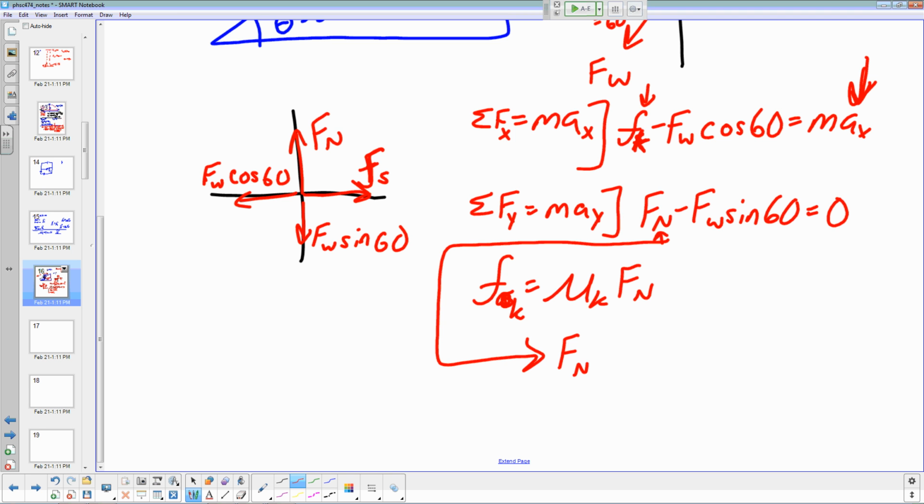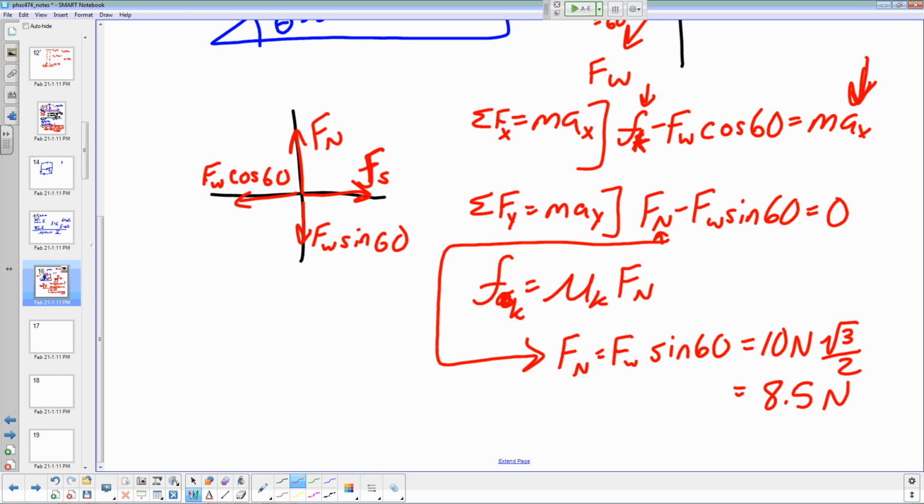So I know that my normal force from here is equal to Fw sine 60. And this is where you pull out your memory sheet, because I don't remember mine either. Sine of 60 is root 3 over 2. So that's going to be 10 newtons times root 3 over 2, which is 5 times 1.7, so roughly 8.5 newtons.